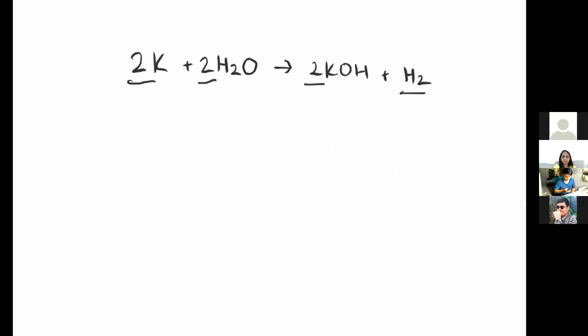Okay, for D, normally some people can get confused with this, but if you write down the formula, it should be simple enough. Calculate the mass of potassium needed to release 50 cm cube of hydrogen gas at room condition. They're asking you to find the mass of potassium and they've given you the volume of hydrogen gas. As soon as I'm given the volume, I try to find the mole.